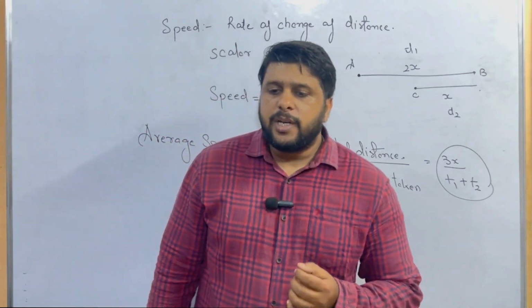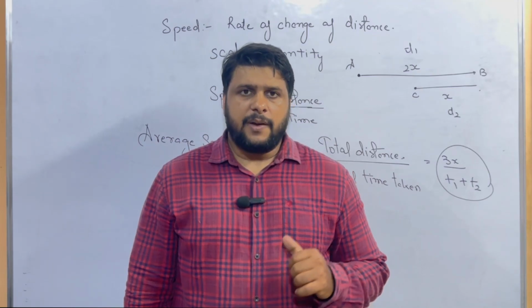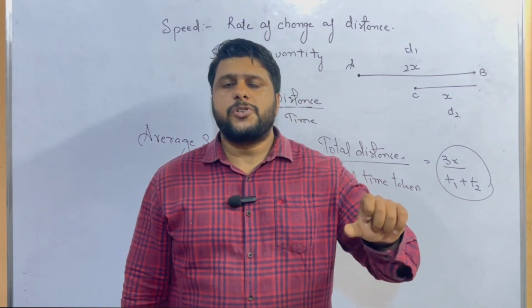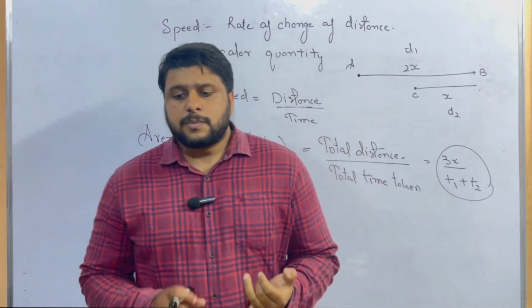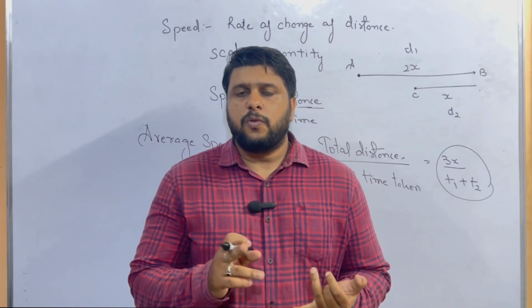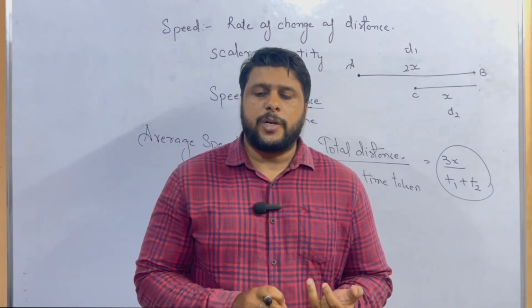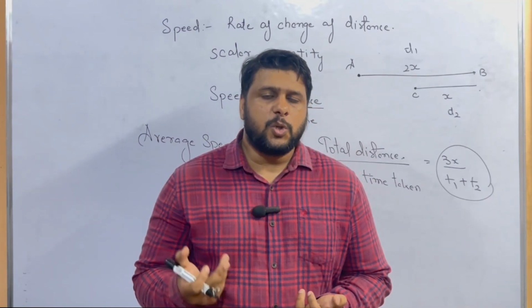In average speed you need to see the distance first. I will tell you the type of questions which get asked from this topic. Whenever we are asked to find average speed, you need to first find the total distance covered and the total time taken throughout the journey.